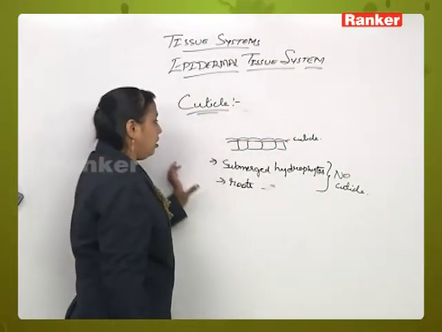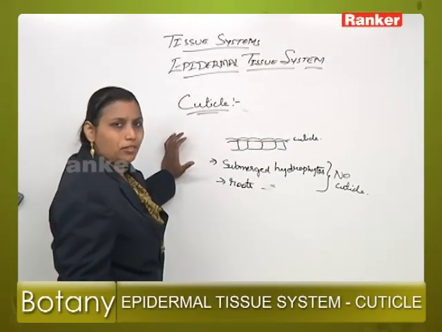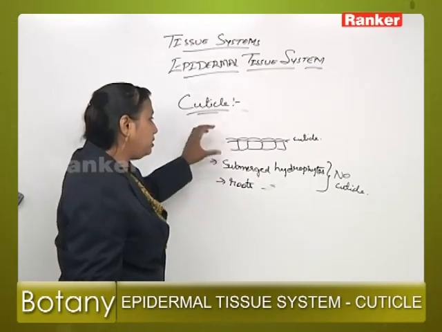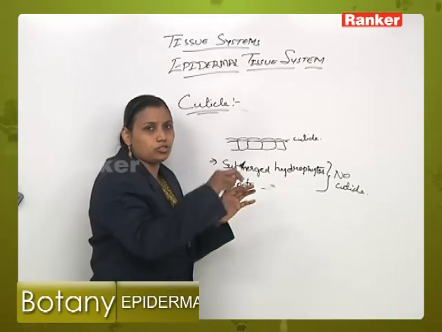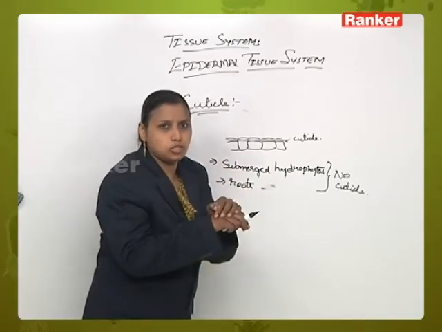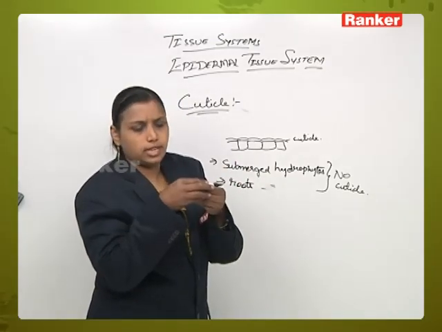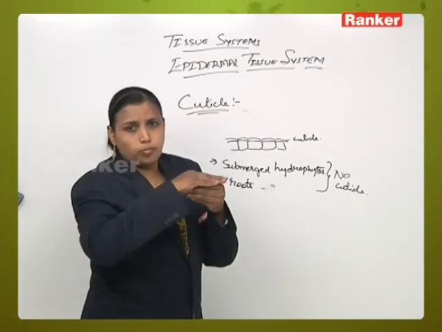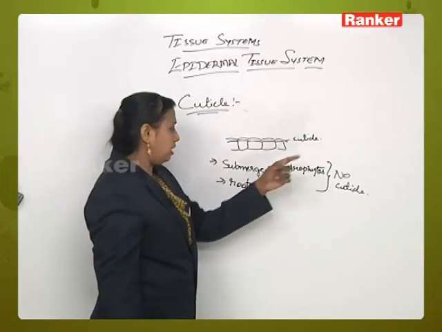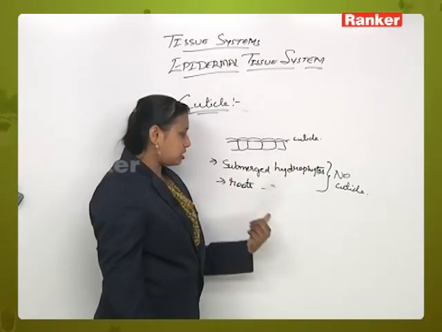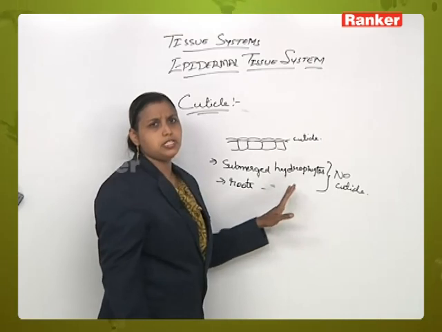Almost all the plants will have a cuticle above the epidermis. It is a special layer which acts as a protective cover to the epidermis, like we have a soap box covering the soap. If the soap is the epidermis, then the soap box will be a cover to the epidermis. So that is the function of the cuticle. And it is almost not seen in the roots and submerged hydrophytes.